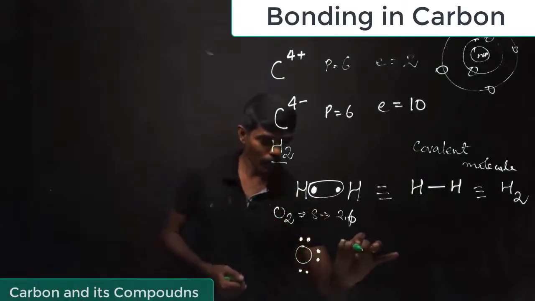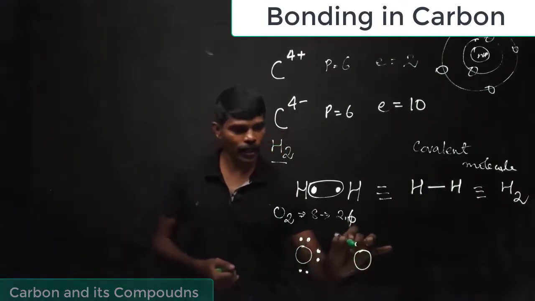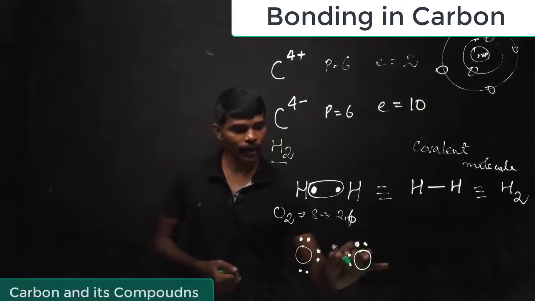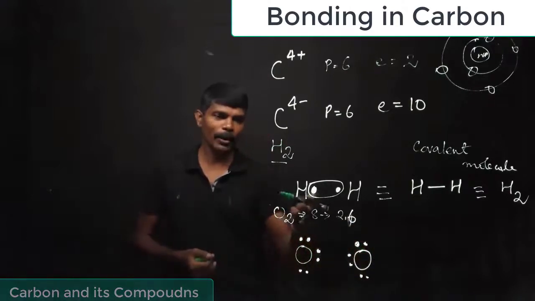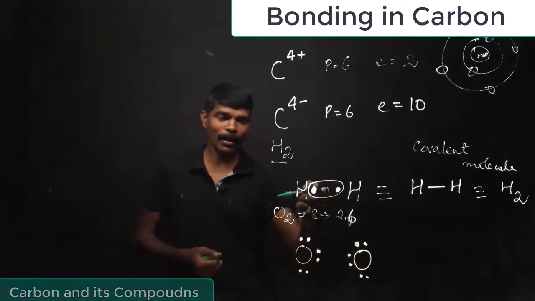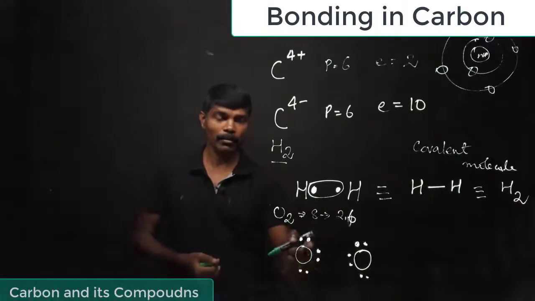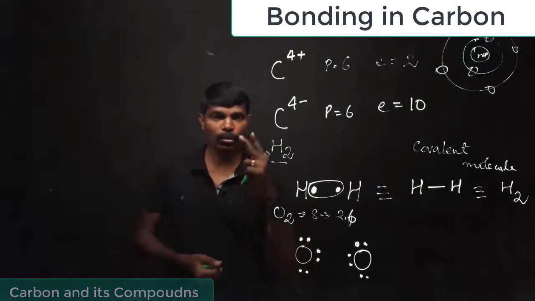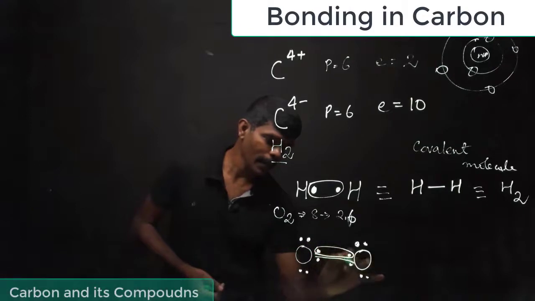So what we have to do here is draw the electron dot structure of another oxygen atom. Here also, just mention dots. So here we have 6 electrons altogether. In the above case, we saw that each share compensates 1 electron. So here each oxygen atom needs 2 electrons, so 2 sharings should be done. In the first sharing you can do it like this, and in the second sharing like this.